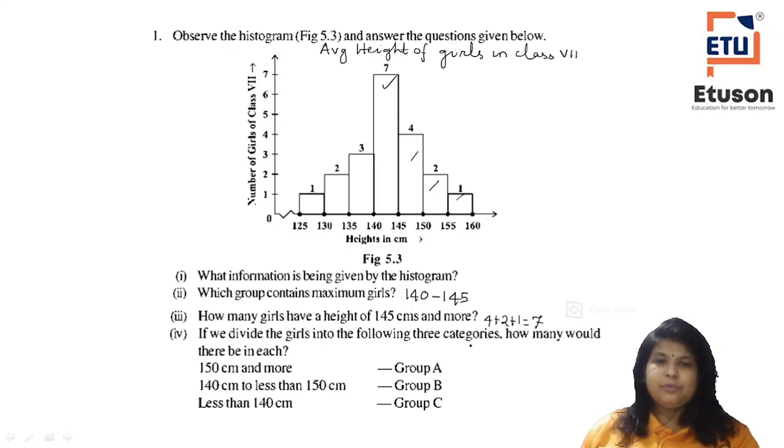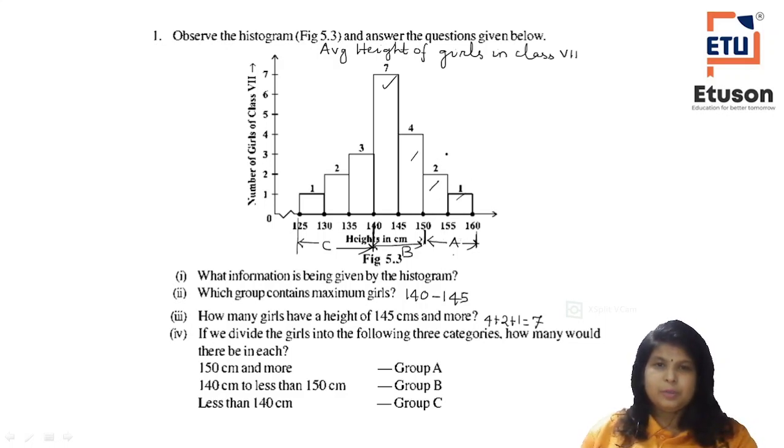If we divide the girls into the following 3 categories, how many would there be in each? 150 centimeter and more, group A. So this is your group A, right? 140 centimeter to less than 150 centimeter, that means from here to here, it is group B. Less than 140 centimeter, it is C. Now check for A. A includes both the bars.